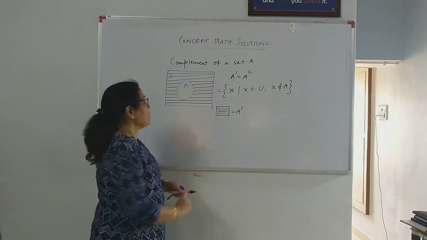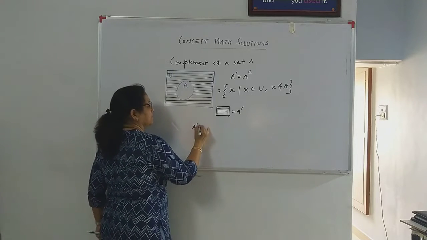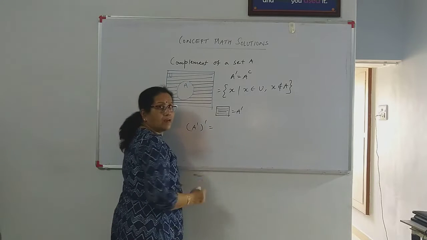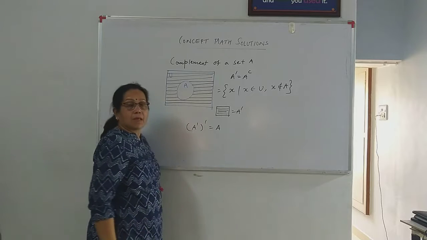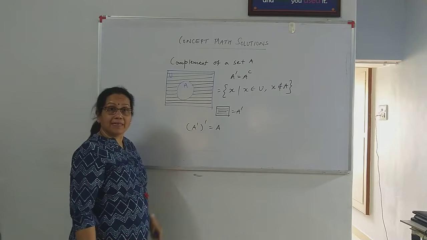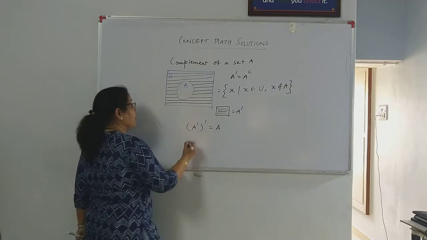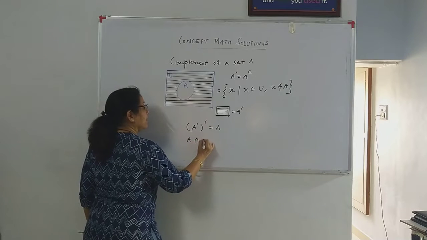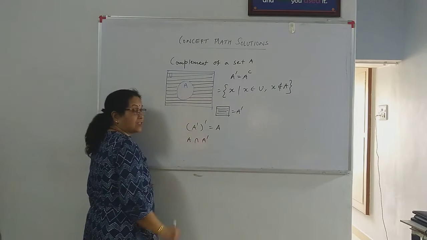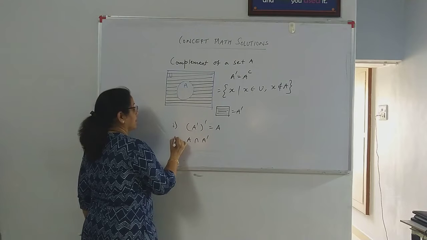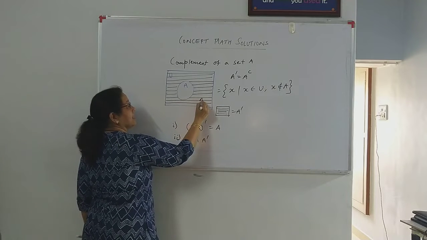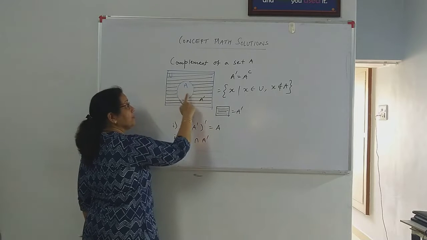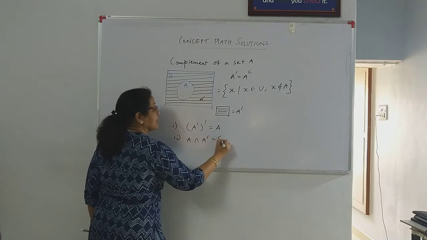If I see complement of a complement, it would be the set again, because complement of this would be this. If I take A intersection A dash, this is A dash, right? What is common between A and A dash is null set.